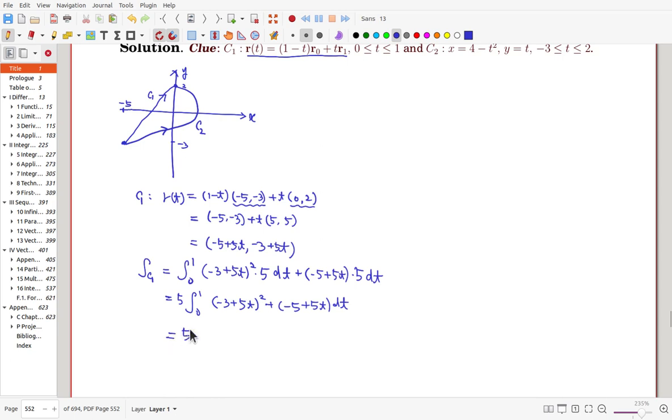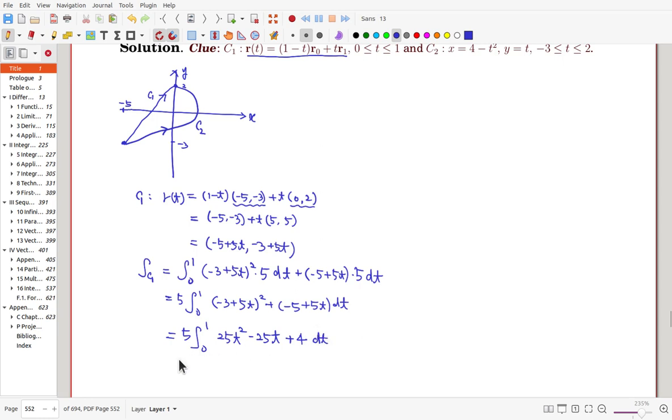So it's 5 times the integral from 0 to 1, and for t squared we have 25t squared, from this one we have minus 30t and 5t, so minus 25t, and for the constant we have 9 minus 5, so we have 4, dt.